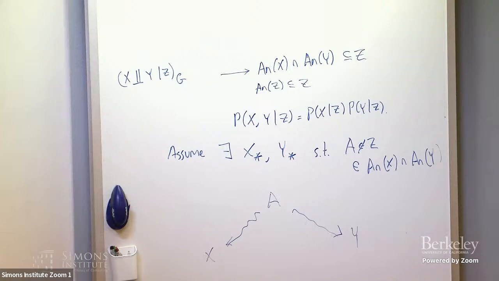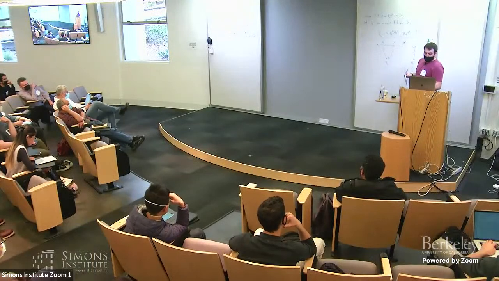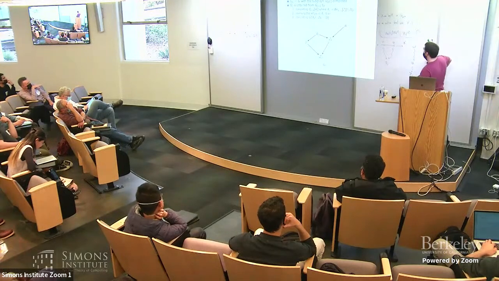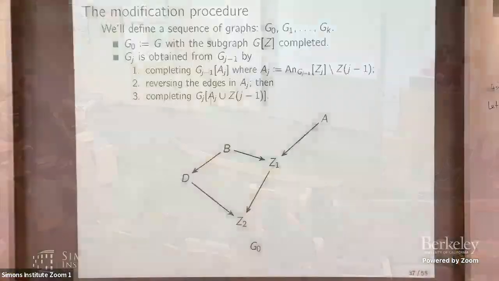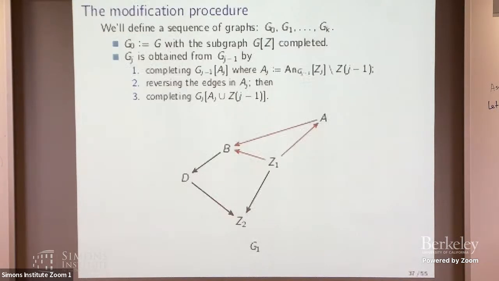Right, so I've taken our original graph and I've modified it wildly. So here's the original graph. Why do I know that after changing it to this, a distribution that was compatible with the original graph is still compatible with this? And the reason is the following.